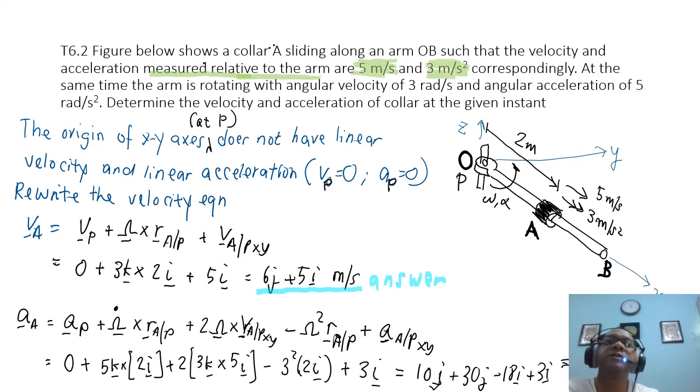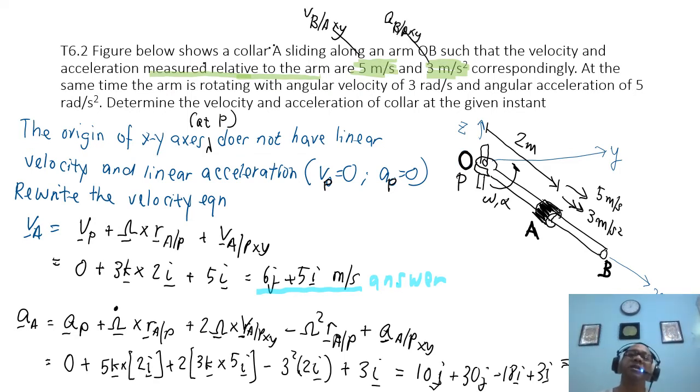What are these? These are our relative velocity, which we can label as VB relative to A in the xy axis, referring to the previous notes. The 3 meter per second squared is the relative acceleration.